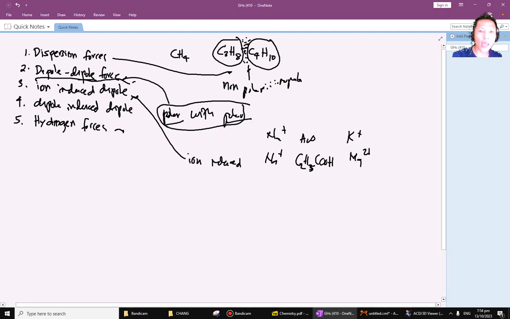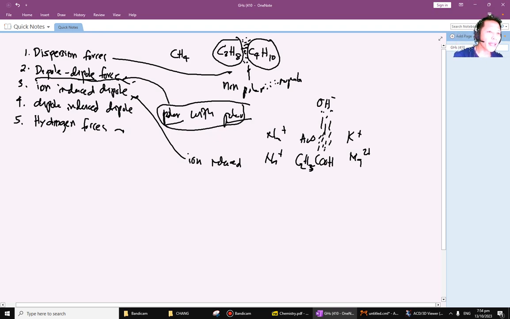You have an OH. You have an ion near a molecule, any kind of molecule, whether polar or nonpolar. So that force would be an ion-induced dipole, from the name alone.